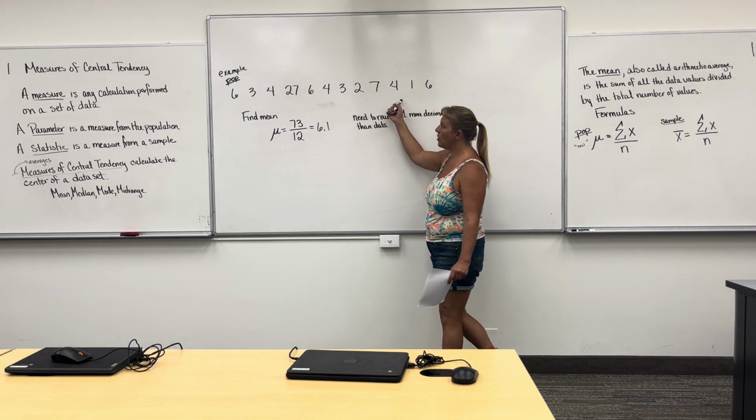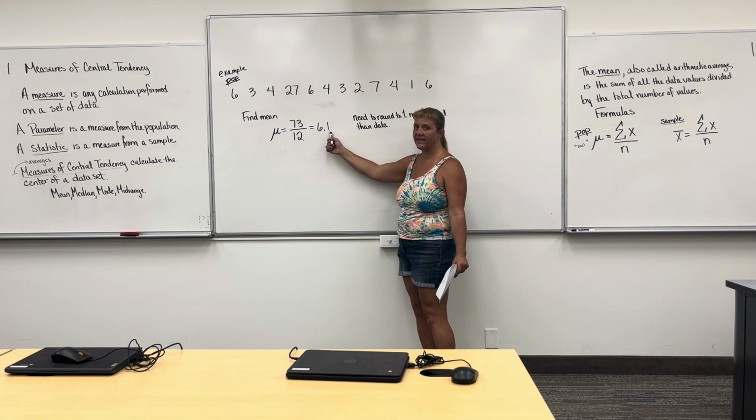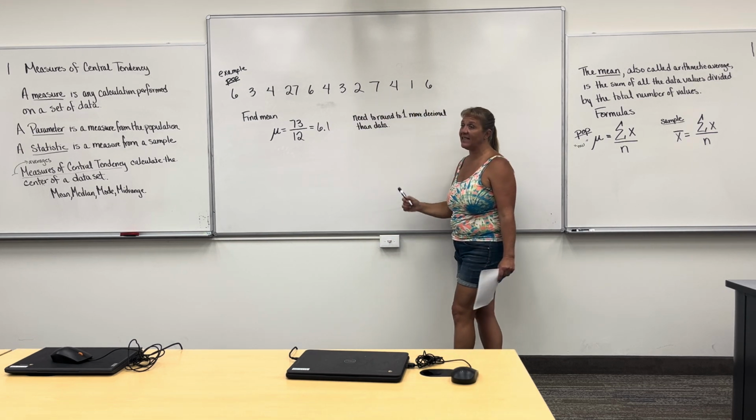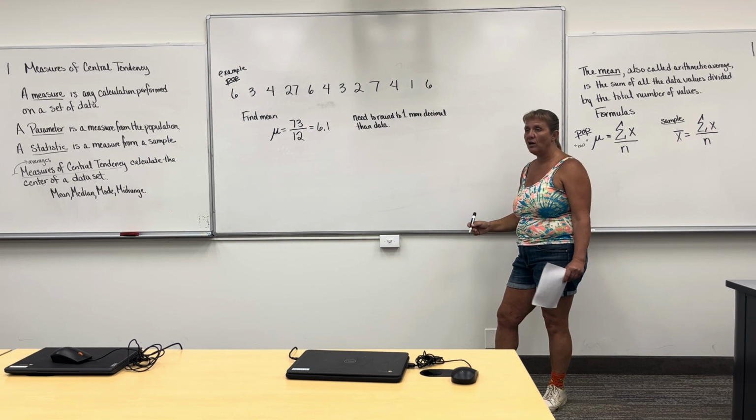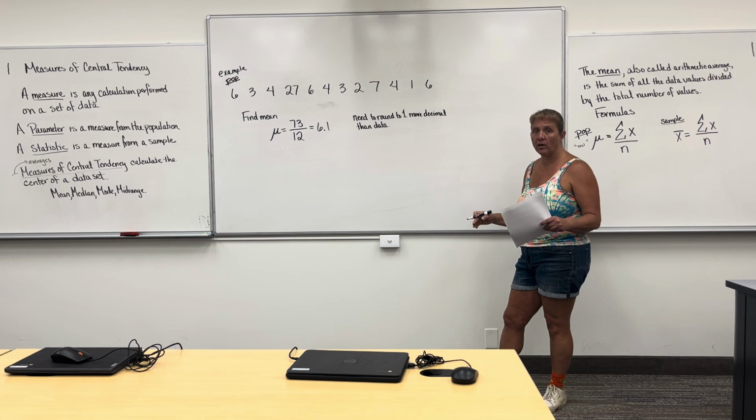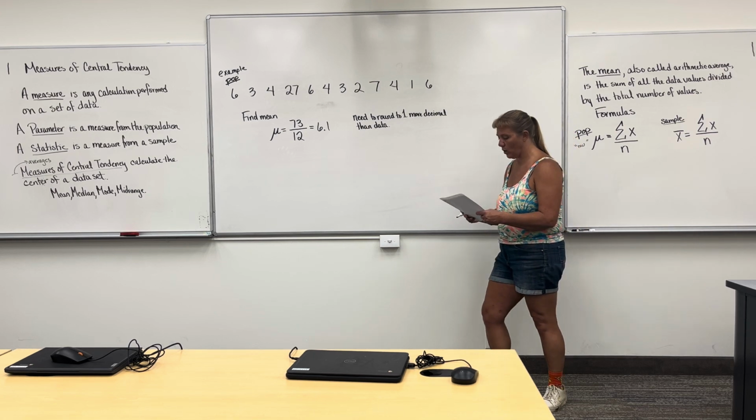So our numbers were whole numbers, so we round to 1 decimal. If our numbers had decimals in them, just 1 decimal place, we would round to 2 decimal places. So we always want to round out more than our data comes to us with. Okay, so always rounding a little bit more.